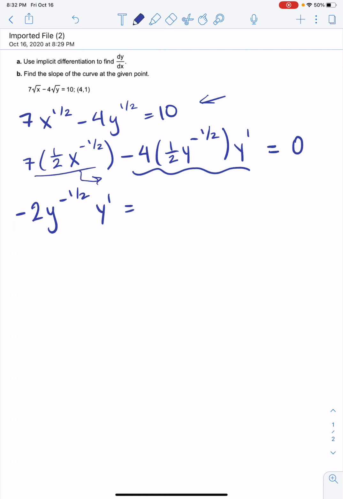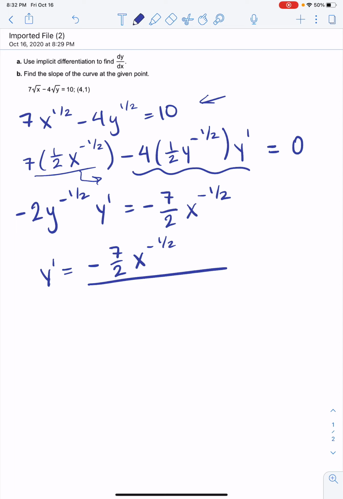So if we subtract that, we get minus 7/2 x to the minus 1/2. Okay. And now we just solve for y prime. Y prime equals minus 7/2 x to the minus 1/2 divided by minus 2y to the minus 1/2.